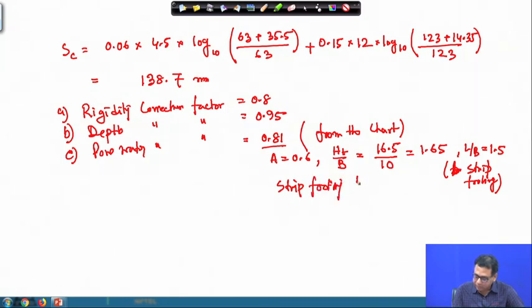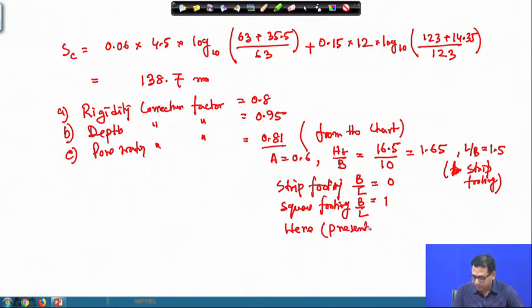But if you want, you can take the strip footing value and the square footing value, then you can linearly interpolate this value for 1.5, because for the strip footing your B by L is equal to 0, and for square footing is equal to B by L is equal to 1, but here present case it is B by L is 10 divided by 15.